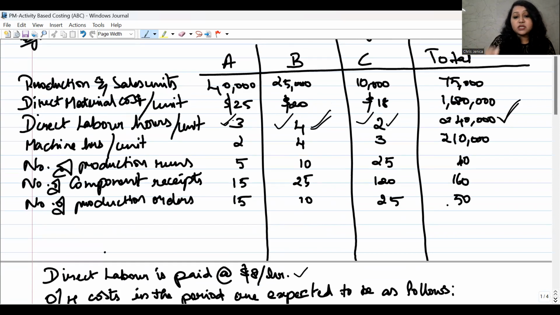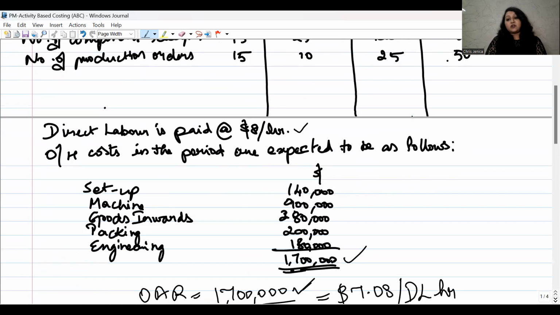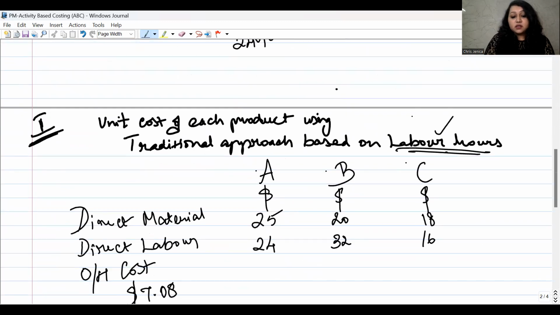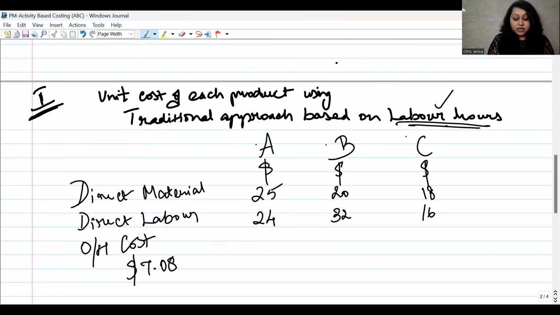Direct labor hours per unit is actually 3, and for B it's 4, and for C it's 2. Now we'll calculate the overhead cost for product A. 7.08 into 3 hours is going to be $21.24.